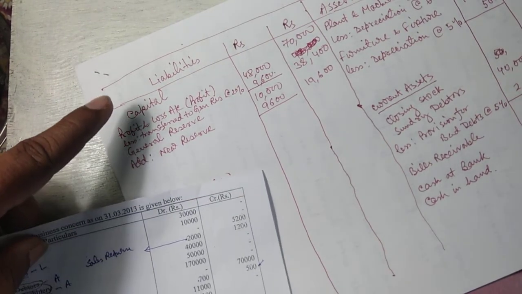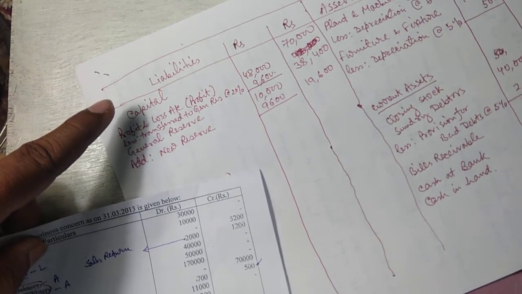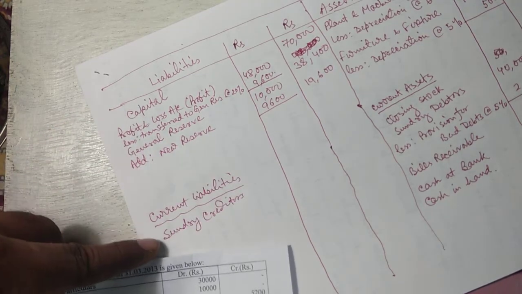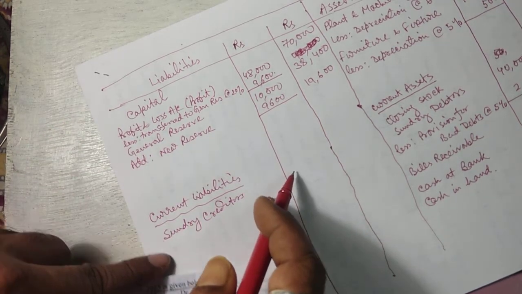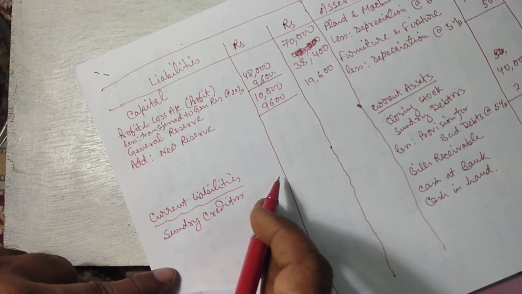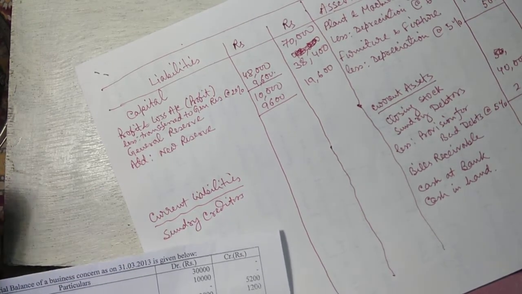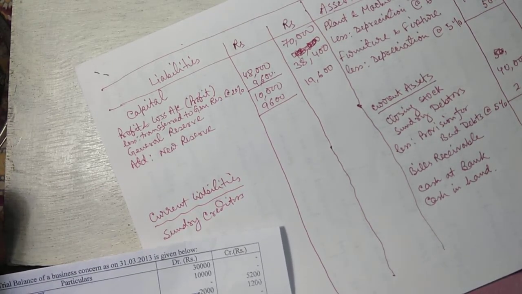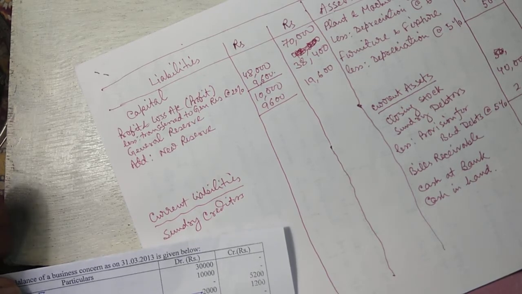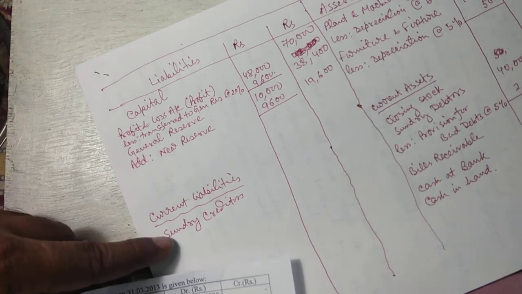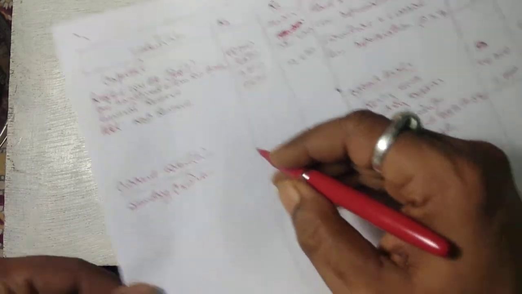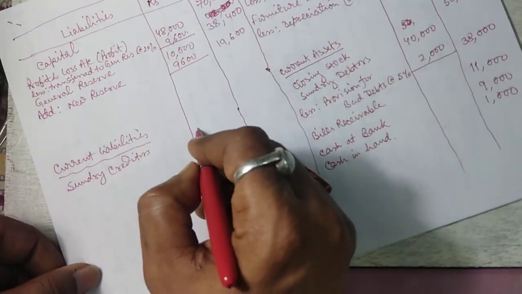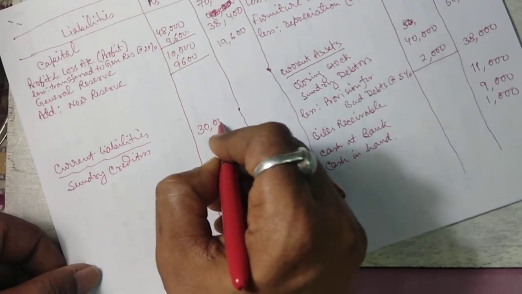Is there any provision for sundry creditors? Yes, there is a provision for sundry creditors. So sundry creditors should be written in the inner column. What is the balance of sundry creditors? See, sundry creditors 30,000. So 30,000 should be written in the inner column.